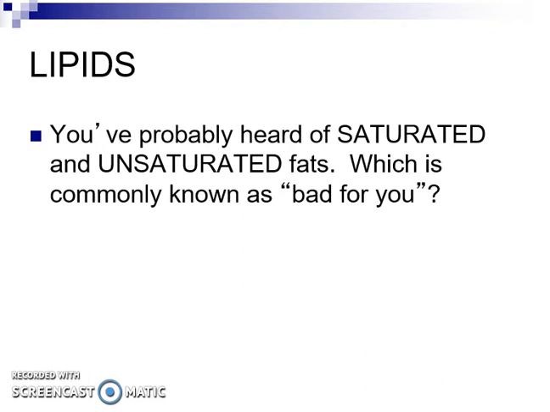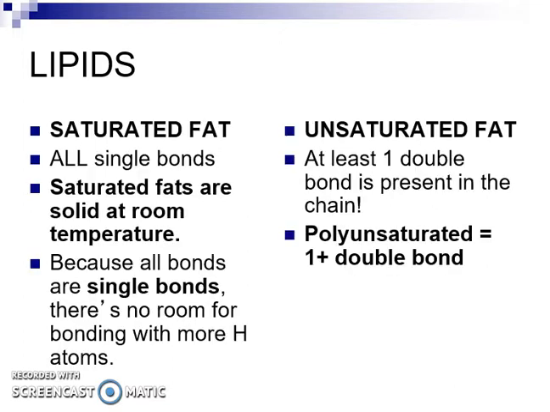You've probably heard of saturated and unsaturated fats, one of which is commonly bad for you. Which one's known as bad for you? Hopefully you said saturated fats because they're all single bonds. Saturated fats are solid at room temperature because all the bonds are single bonds and there's no room for bonding with more hydrogen atoms, versus an unsaturated fat has at least 1 double bond.